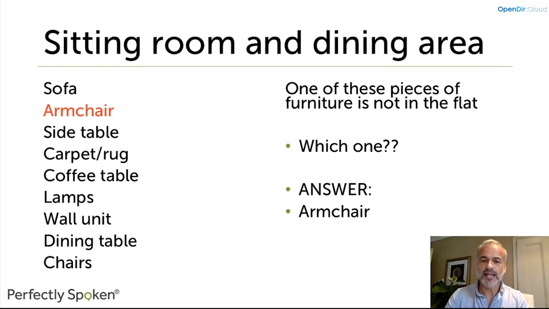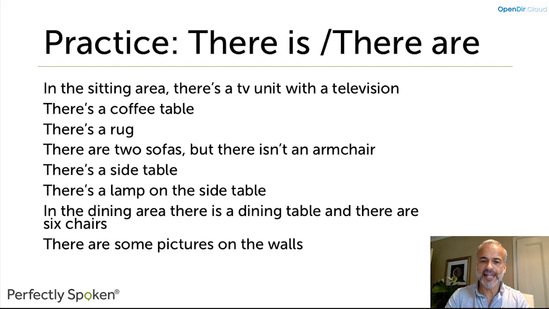Okay, now let's have some practice. So again, watch the video again and listen. I'm saying, in the sitting room, there's, there is, there's a TV unit with a television. There's a coffee table.